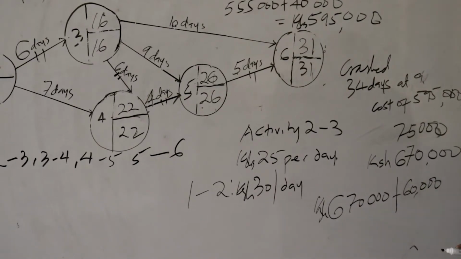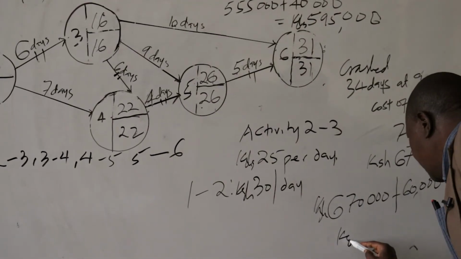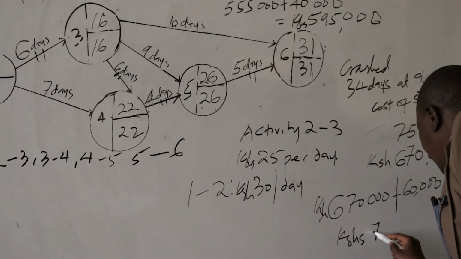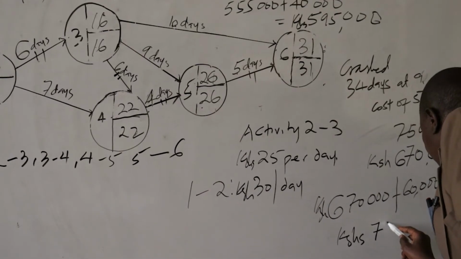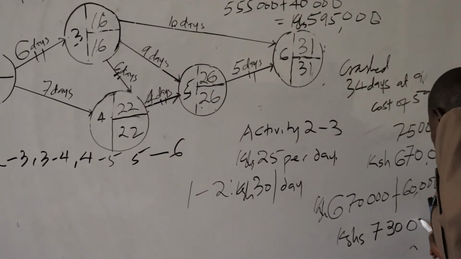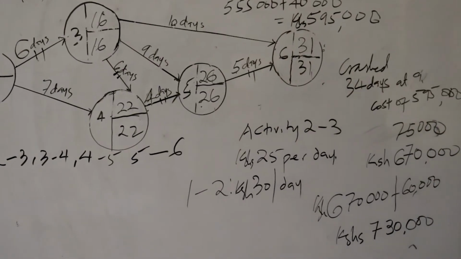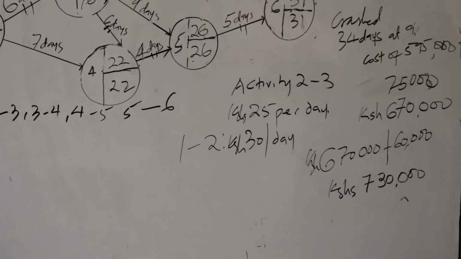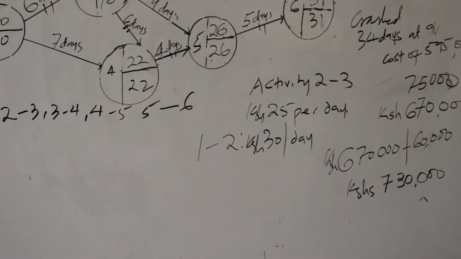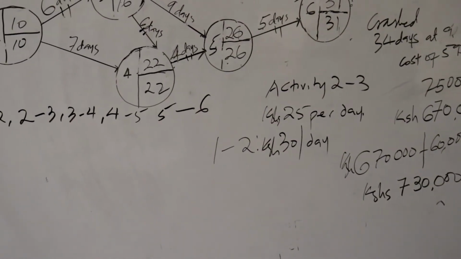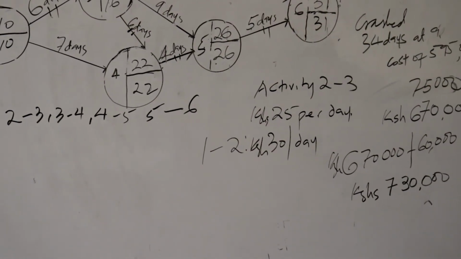Then 670,000 plus 60,000 is 730,000 Kenya shillings when activity 1 to 2 is crushed.